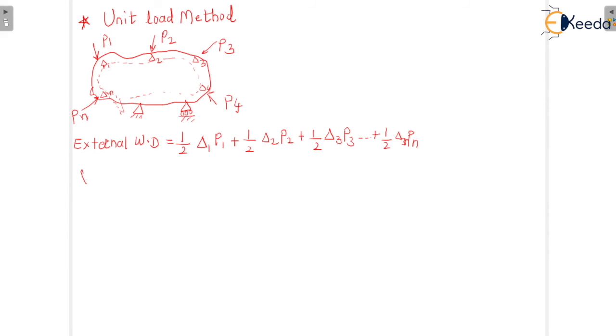And the strain energy stored will be half of P into E dV, where P is stress in this case and E is strain.